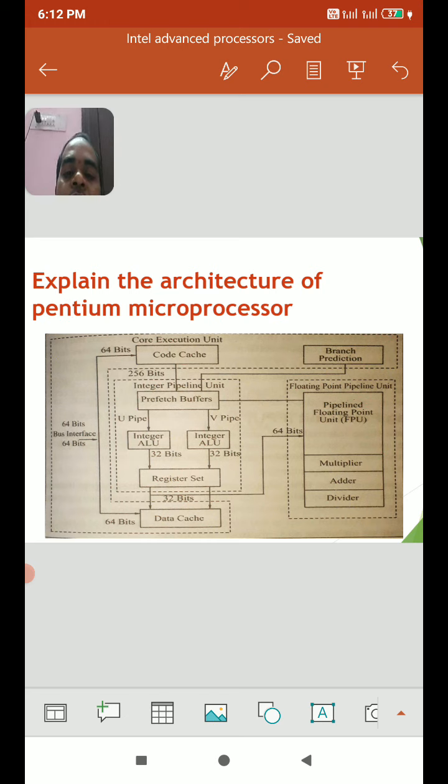The third stage is the floating point pipeline unit. The floating point pipeline unit is basically used for performing arithmetic and logical operations. That means complex types of operations can be done by using the FPU. Here we have 3 main blocks called multiplier, adder and divider.